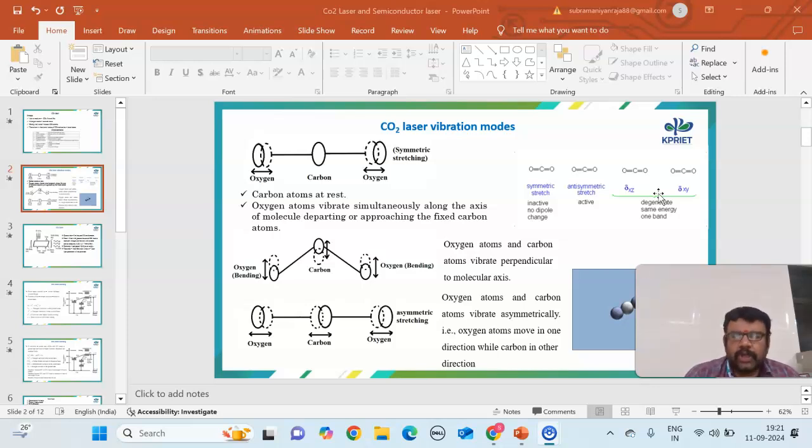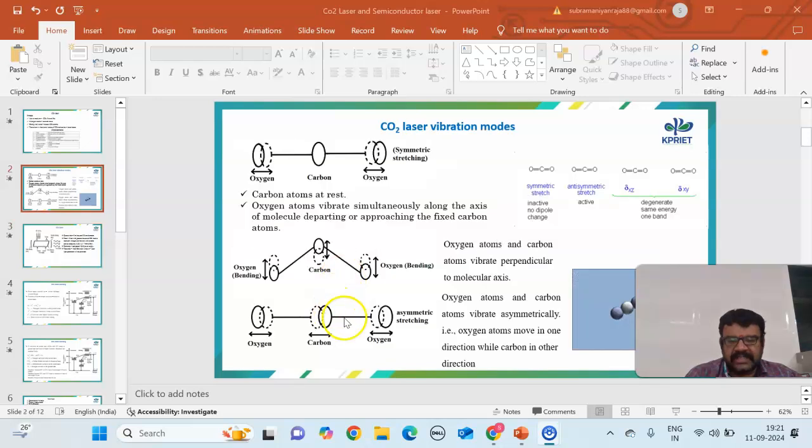In the symmetric stretching mode, if you look at the figure, the carbon atom is at the center and both oxygen atoms vibrate simultaneously along the axis of the molecule, either departing from or approaching the fixed carbon atom. In the bending mode, the oxygen and carbon atoms vibrate perpendicular to the molecular axis of the carbon dioxide.